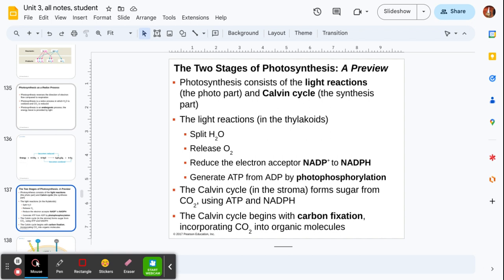We have another shuttle, another taxi, but this one is NADP, which is kind of nice because it sounds like photosynthesis, right? So if you see something on an exam and they're talking about NADPH, you know that they're talking about photosynthesis. That P doesn't stand for photosynthesis, by the way. It stands for phosphate.